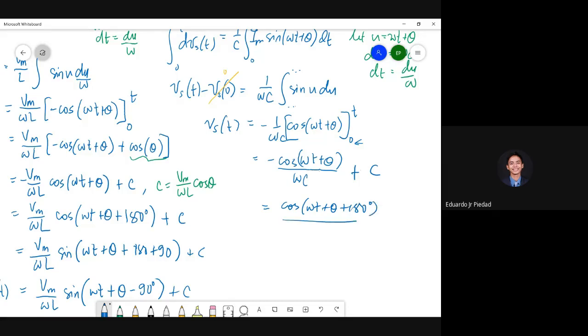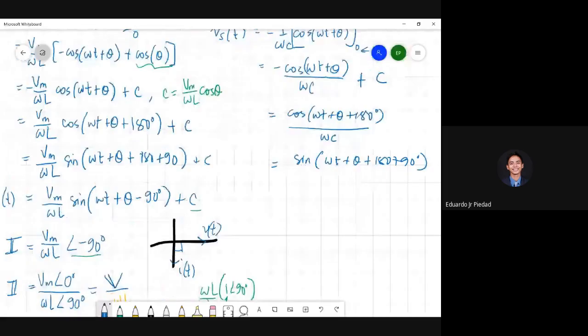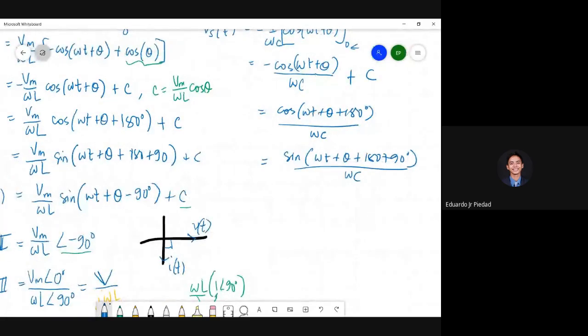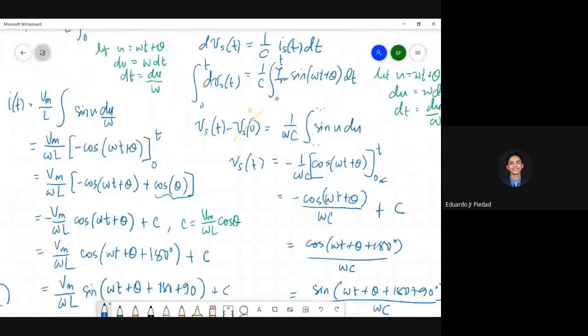Now it's positive, and converting this to sine because our current is sine, we simply add 90 degrees. So it becomes 270, or negative 90. So this is Vs of t equal to, sorry, I forgot the magnitude of your current Im.